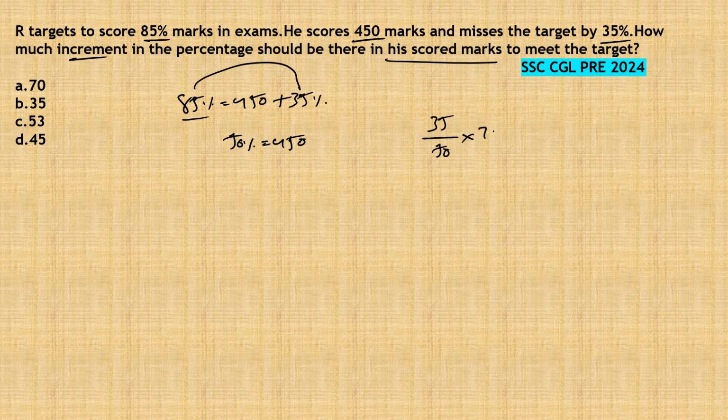That is 35 over 50 into 100, so 50 2s are 100, and 35 2s are 70. 70 is the answer. That is option number A. We are asked to find his percentage increment in his scored marks.